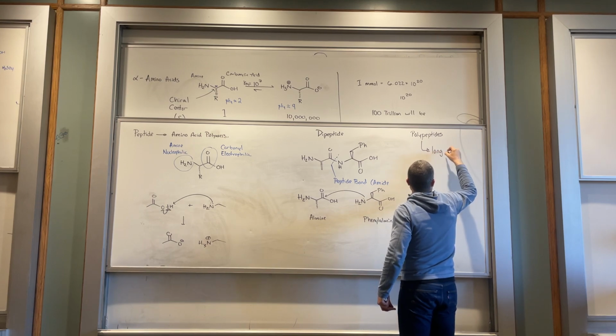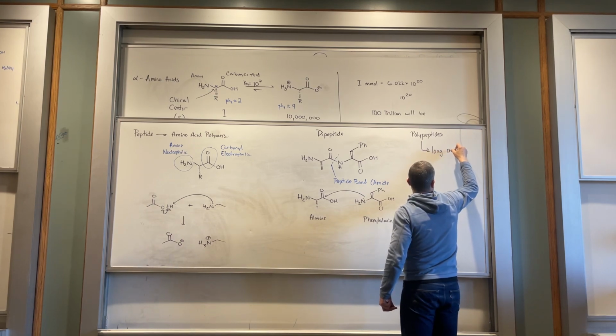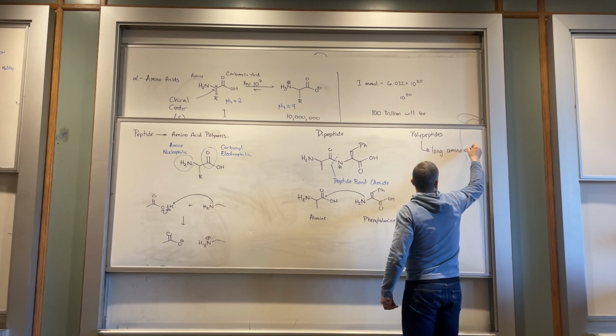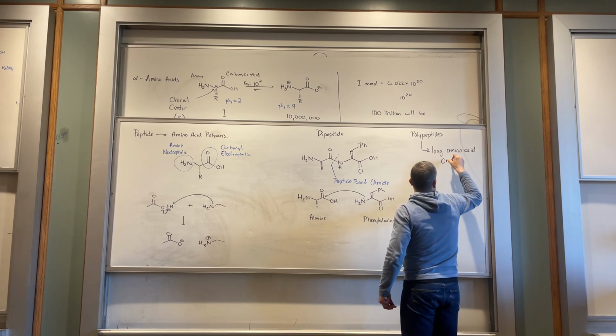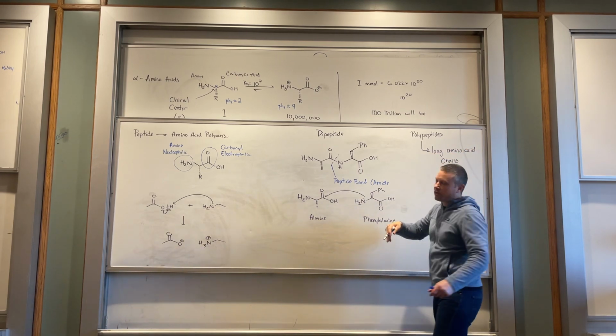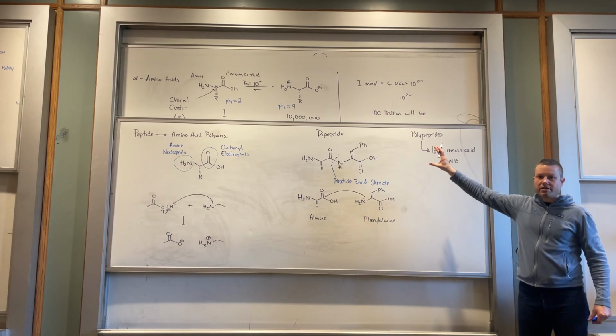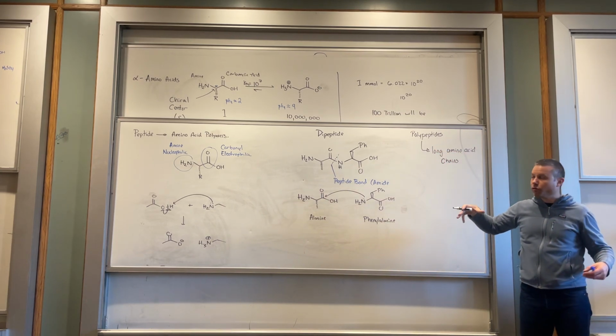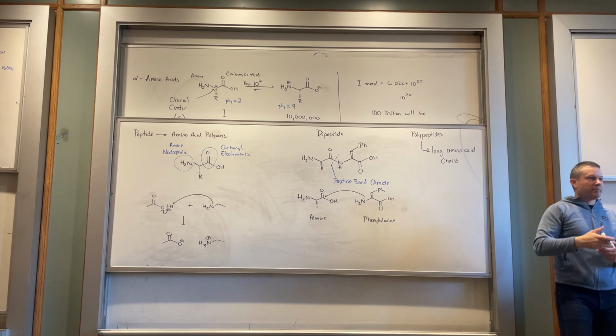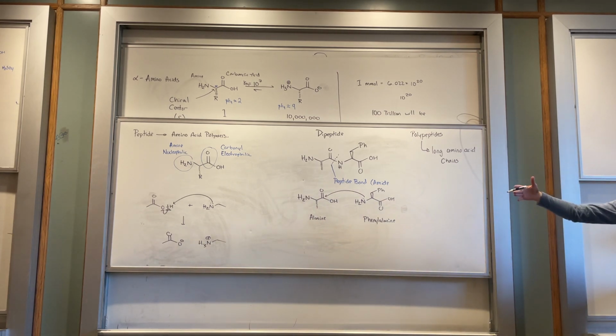Right, and these are just going to be long amino acid chains. I'm not going to draw out a polypeptide. We know kind of how peptides form through these peptide bonds. So you can imagine getting 100 amino acids in a long chain, what that would look like.